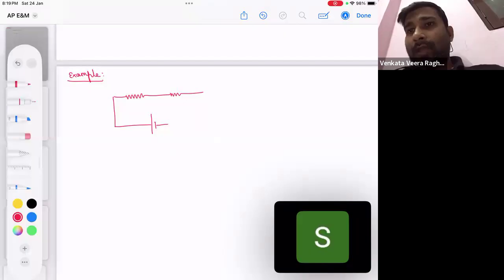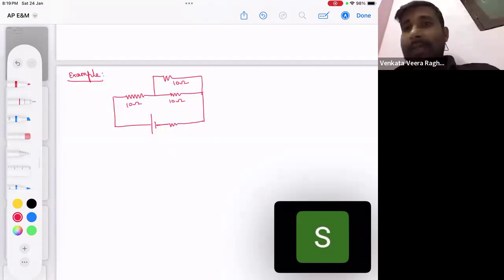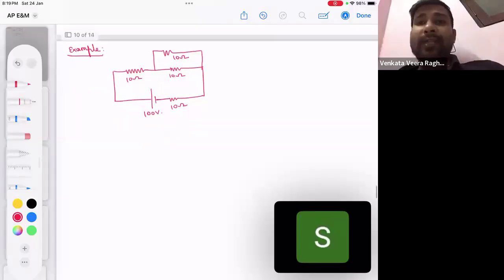In this circuit, this is what is given to us, and this is another parallel connection. 10 ohm, 10 ohm, 10 ohm, and this is also 10 ohm. Battery voltage is how much? 100 volt is given in the question. Clear? Now we have to find power consumption in each of the resistances.